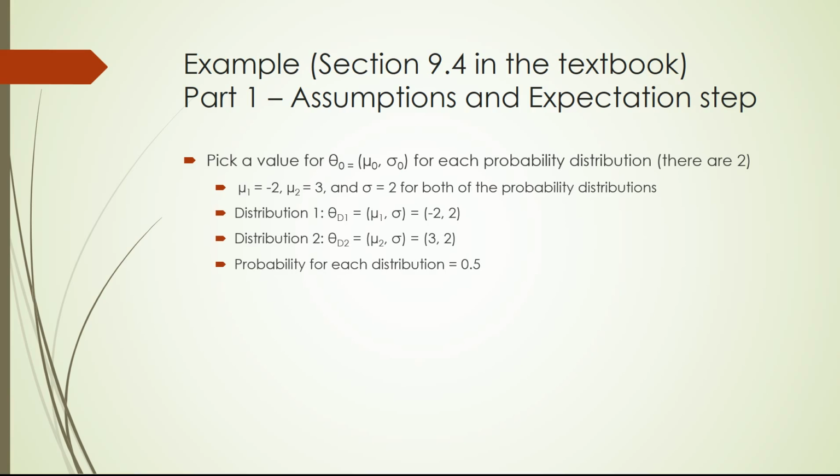So, theta d1 is -2, 2, and theta d2 is 3, 2, and the probability for each distribution is 0.5. The size of X is 20,000 data points. Assume we have the data point 0 in our vector of observations.